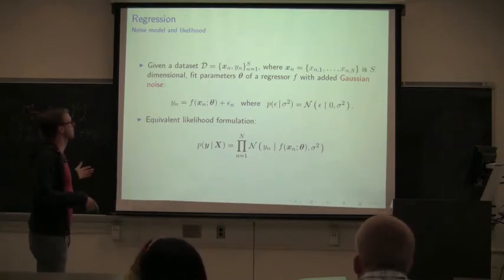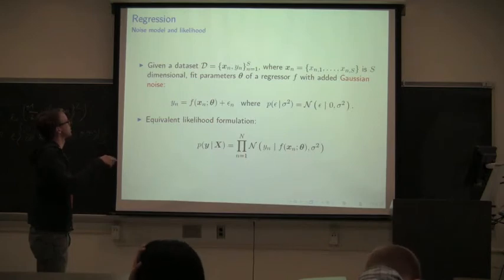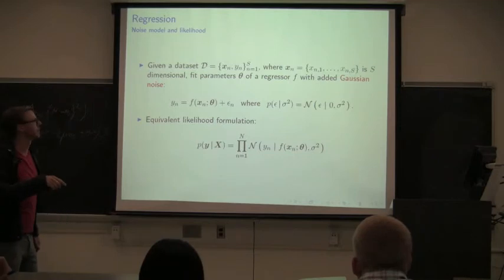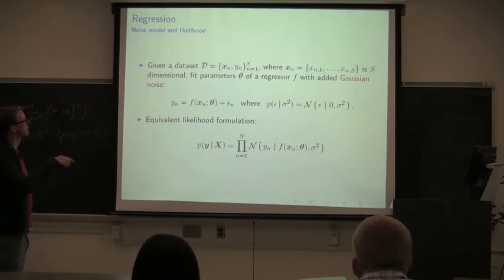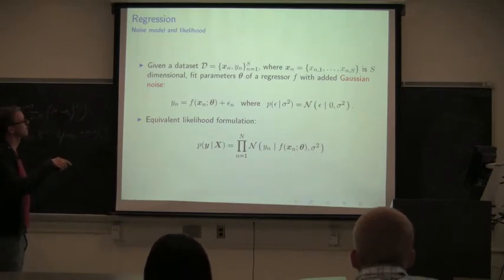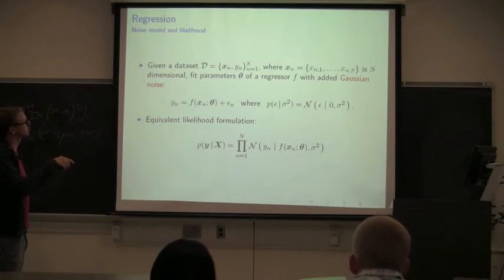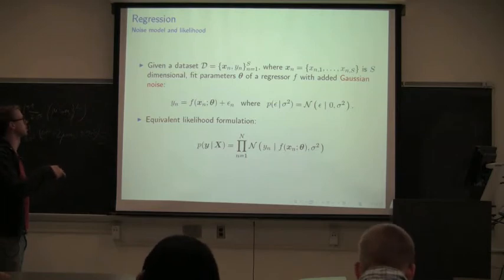And we want to fit some function f, which we call a regressor, as a function of the parameters. So we want to fit the parameters for this regressor f, and Gaussian noise.